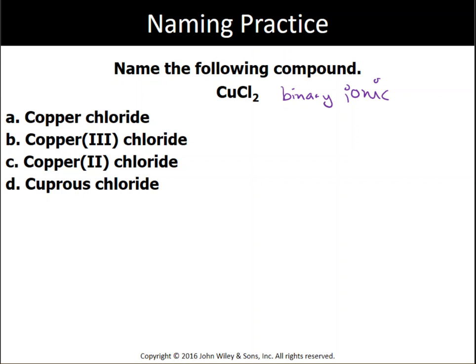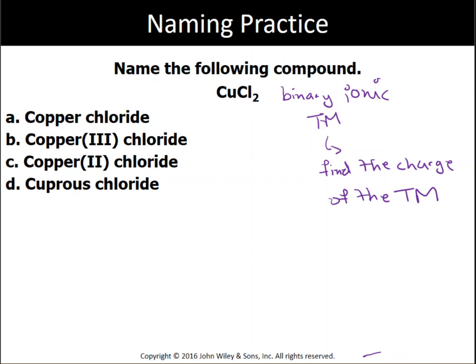Now, is your metal a main group metal or a transition metal? It's a transition metal, meaning that the charge is not fixed. We've got to figure out what the charge of the metal is and use Roman numerals to name this. As soon as you see that you have a transition metal, you have to find its charge.